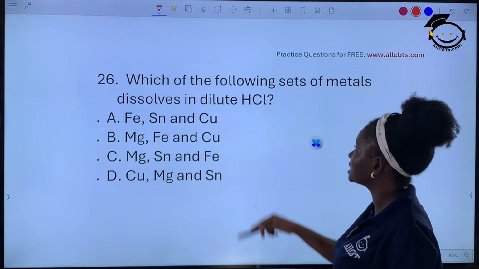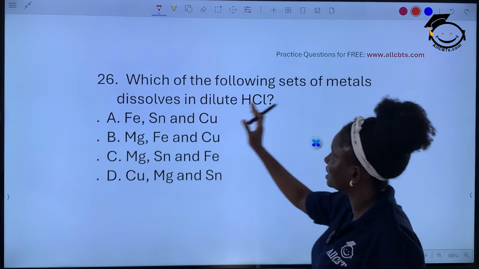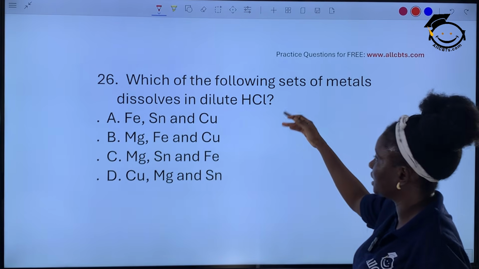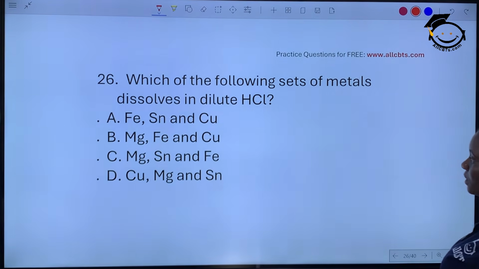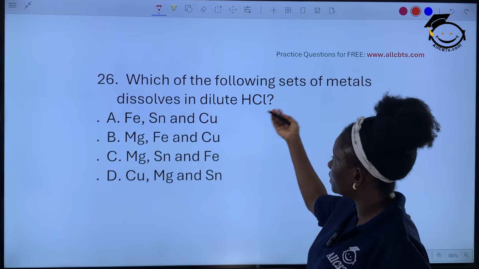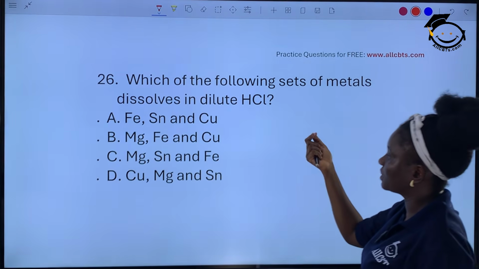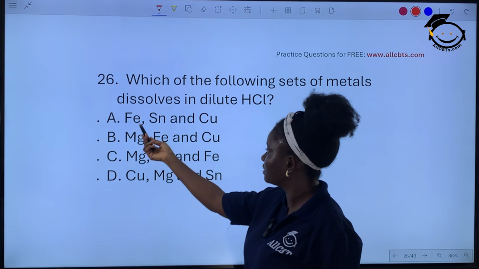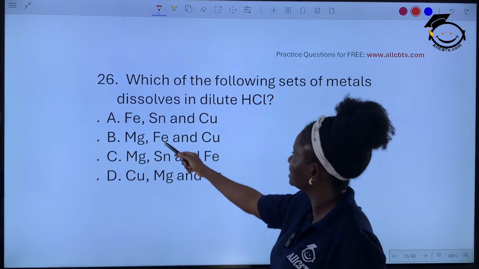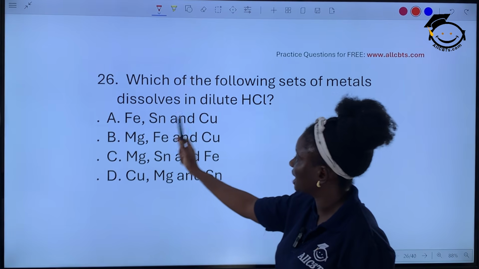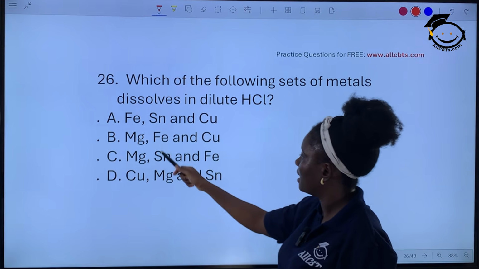Question 26. Which of the following set of metals dissolve in HCl? So which of the following set of metals dissolve in HCl? So we have this: iron, tin, and copper. Magnesium, iron, and copper.